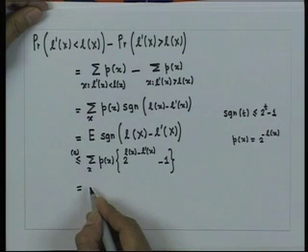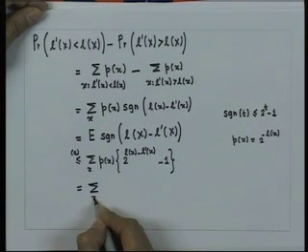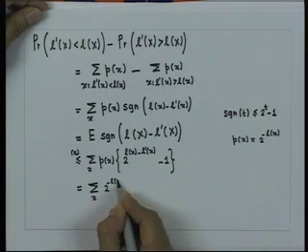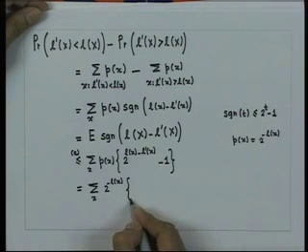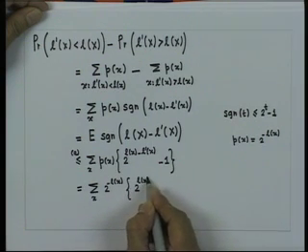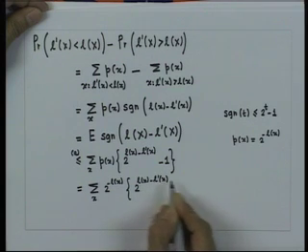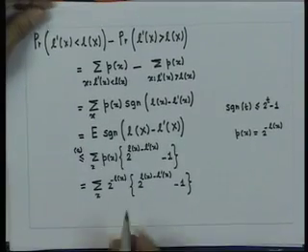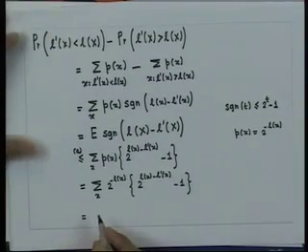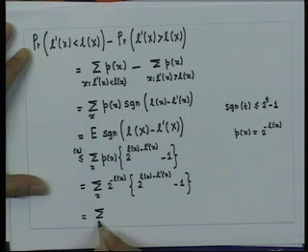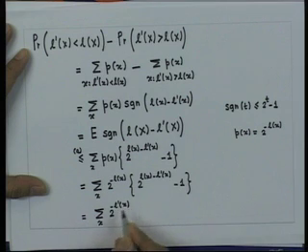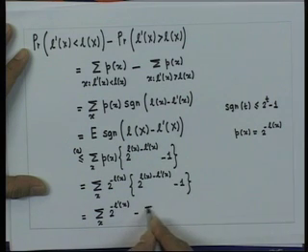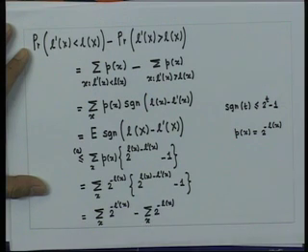So, I can write this as the summation over x of 2 raised to minus L(x) times 2 raised to L(x) minus L'(x) minus 1, and this you can simplify as the summation over x of 2 raised to minus L'(x) minus 2 raised to minus L(x).